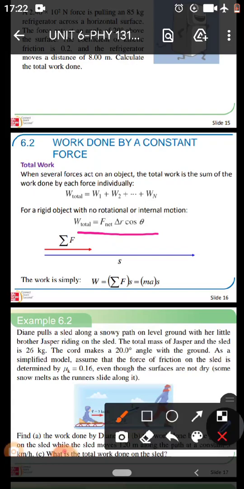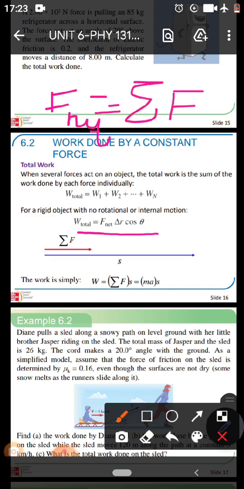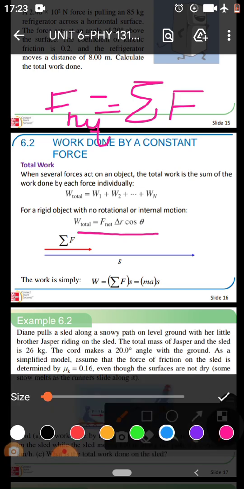Remember you can sum forces, let's say F net, the net force is equal to the sum of all forces, and from this equation you can clearly see that when you substitute the summation of the forces, it means that you can sum the work as well.